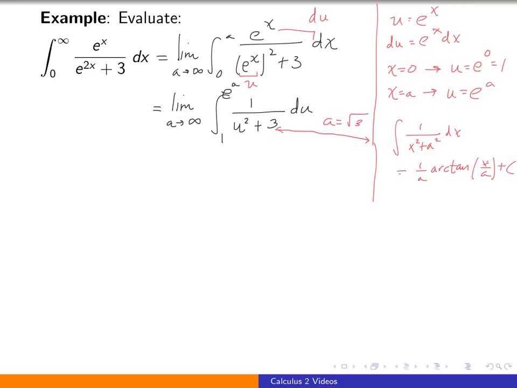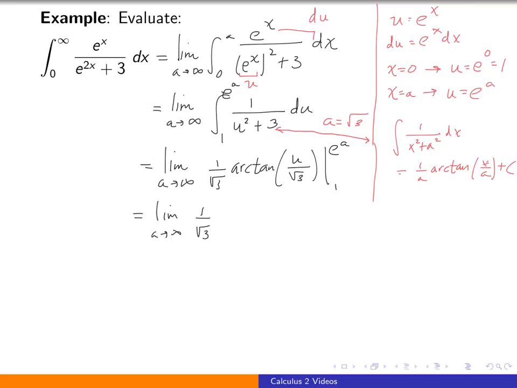So putting this together, we have the limit as a approaches infinity. And if we use our formula with a equals the square root of 3, this will be 1 over the square root of 3, arctangent of u divided by the square root of 3, and we are evaluating from 1 to e to the a. So we plug in u equals e to the a, put a minus sign, plug in u equals 1.